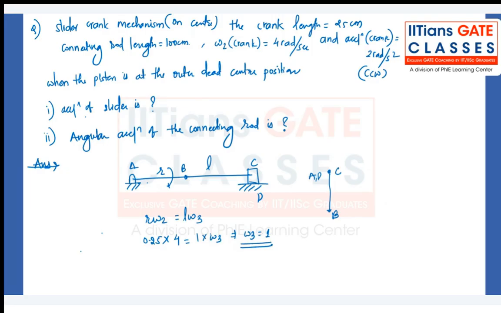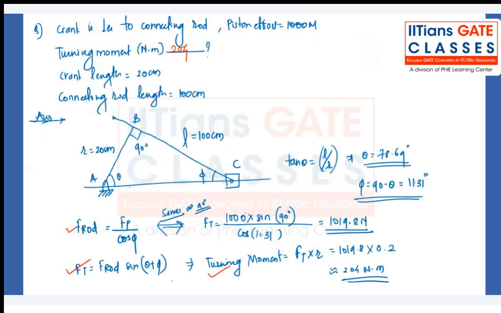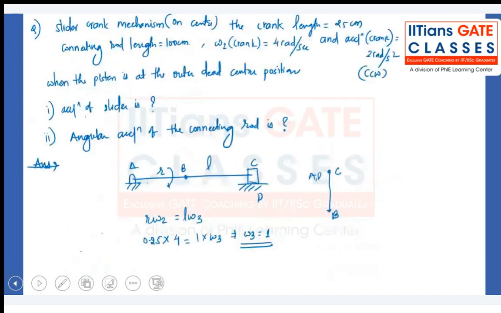Acceleration of the slider. You can either calculate it using the acceleration diagram. You can draw the acceleration diagram and get it. But angular acceleration of the connecting rod, alpha 3, you're also supposed to calculate.